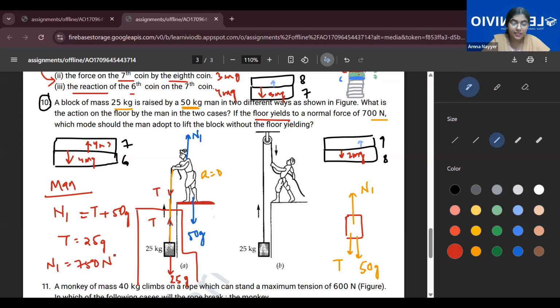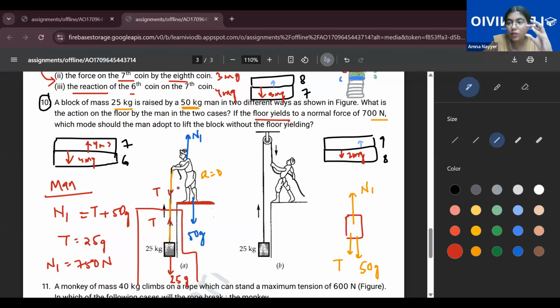In the second case, what about the acceleration? For the block only, I'm saying. See, right now you're not considering any movement. The acceleration of the block or of the man will come as a whole, as a system. Together, the complete system will be there.